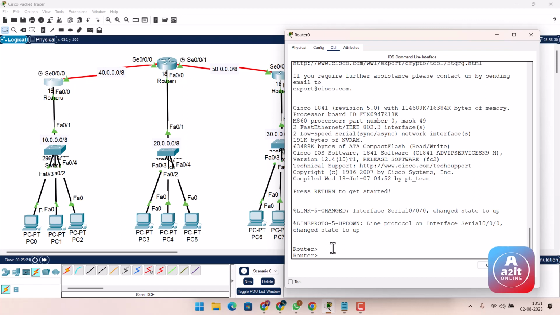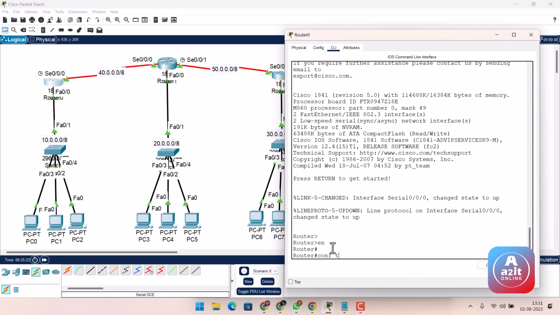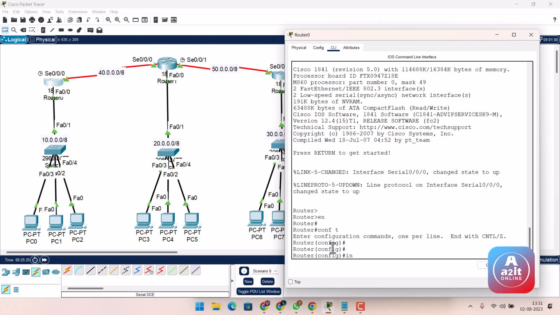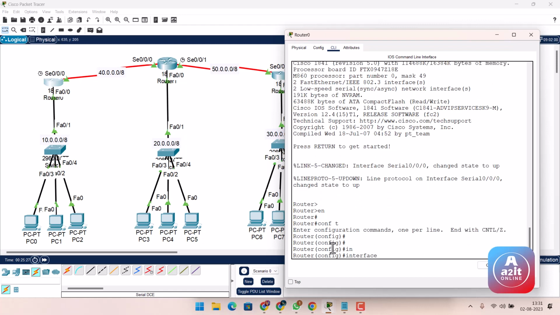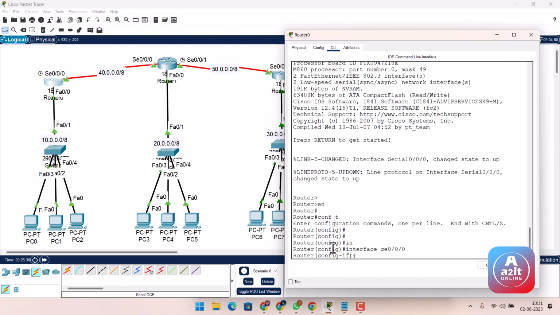So first of all, let me enter the configuration terminal, and here we need to mention the keyword interface with its name. So the interface name is serial 0/0/0. Here I'm going to configure an IP address. The IP address is from the network 40. I'm going to use the very first IP address of this network for my first router, and here I'm going to use FLSM only.